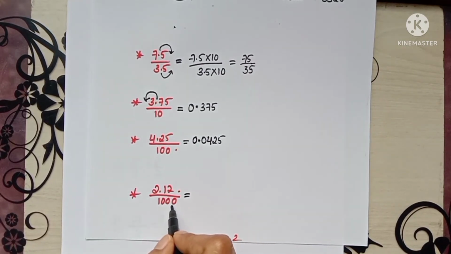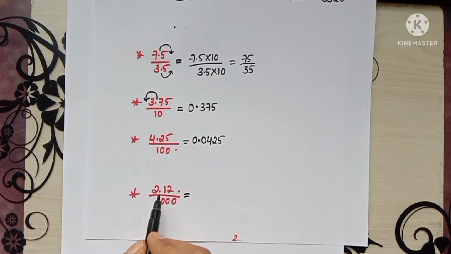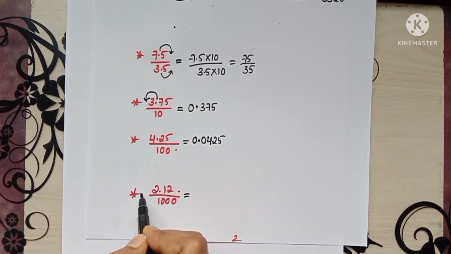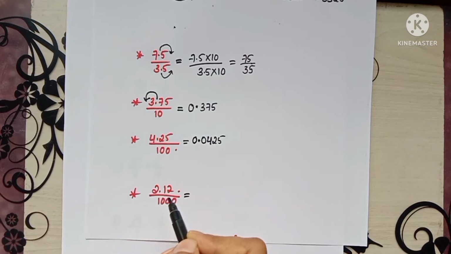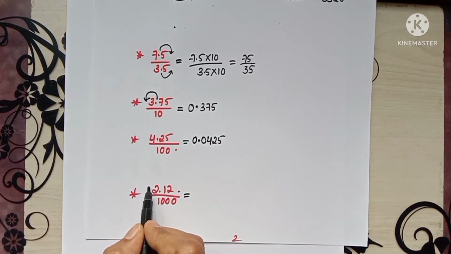Next. Here it is divided by 1000. 1000 means 2.12 divided by 1000. Divided by means we have to go to the left side. Left side by how many digits? 1000 means 3 digits. 3 digits means here this is 1 digit. If I take 0, this is another digit. If I take another 0, this will be 3 digits.